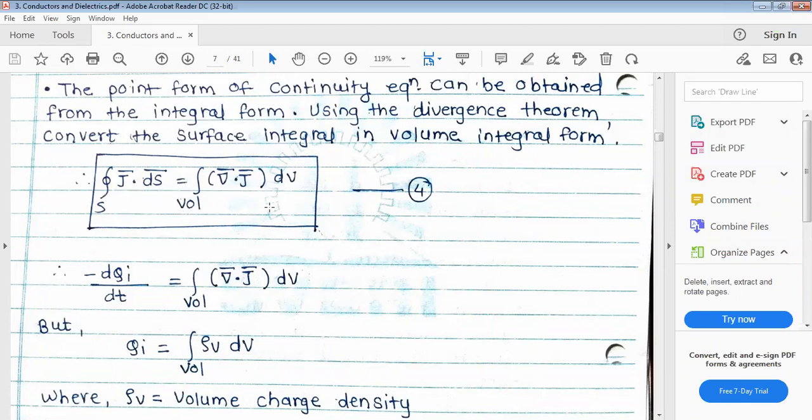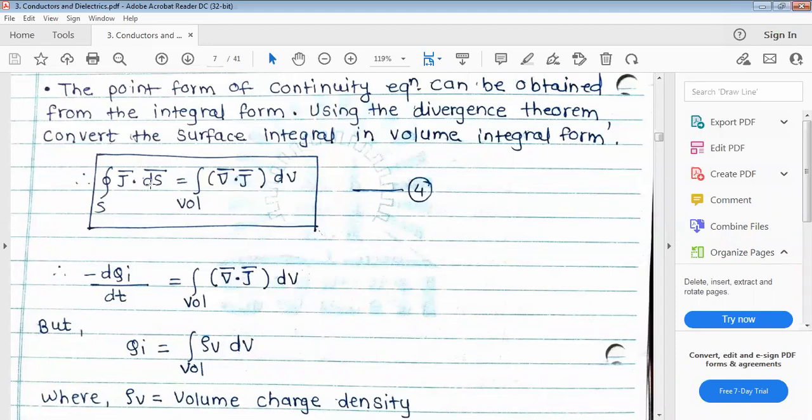We have seen the integral form of Gauss law, and then we have seen the divergence theorem. How is this equation coming? Actually, the Gauss law is: q is equal to psi, which is the closed surface integral of d bar dot ds bar.